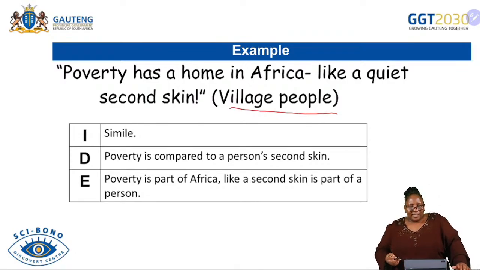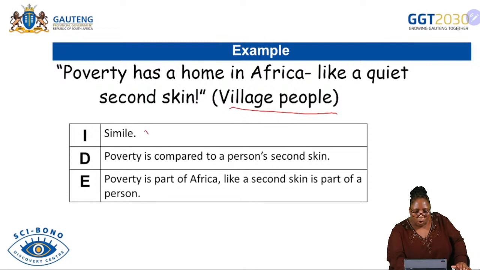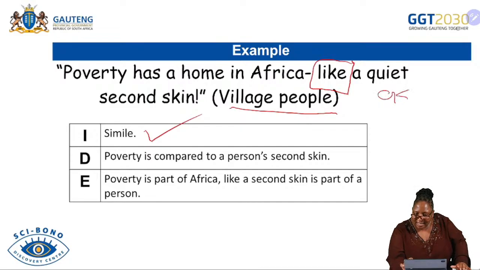Identify the figure of speech. Correctly so, it is a simile. How do we know that it is a simile? The use of like. We can also have as, to make sure that we are using a simile.